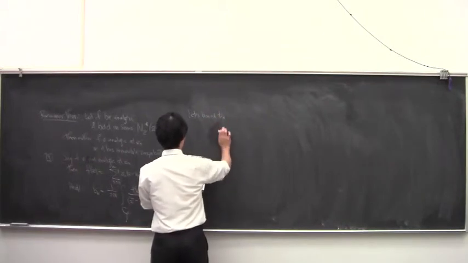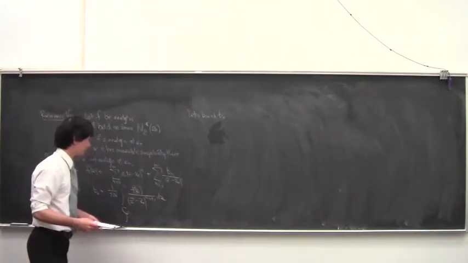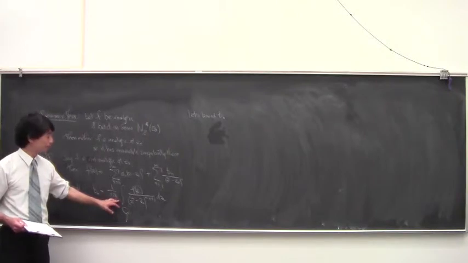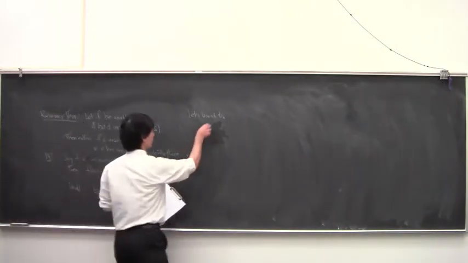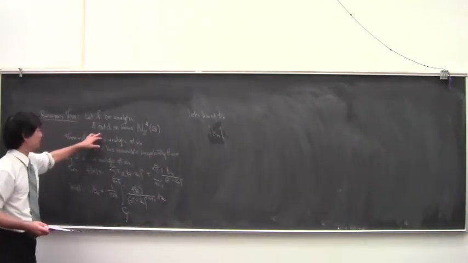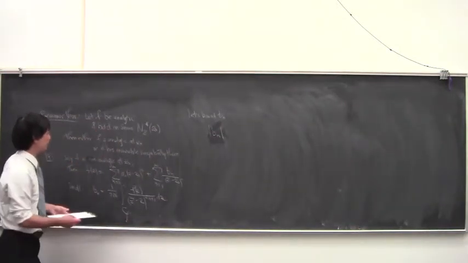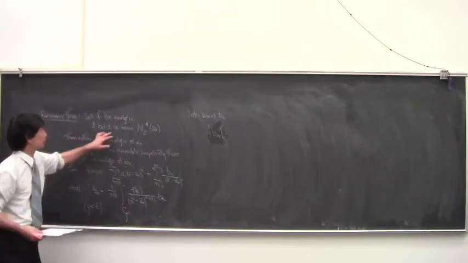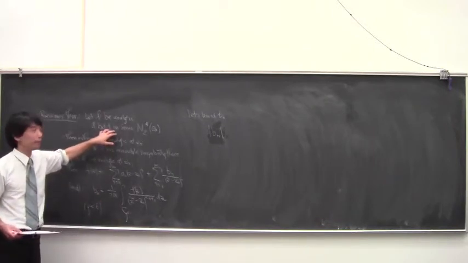So what do you get when you bound this? We know that as long as we're assuming that rho is smaller than epsilon, there's a bound for f.